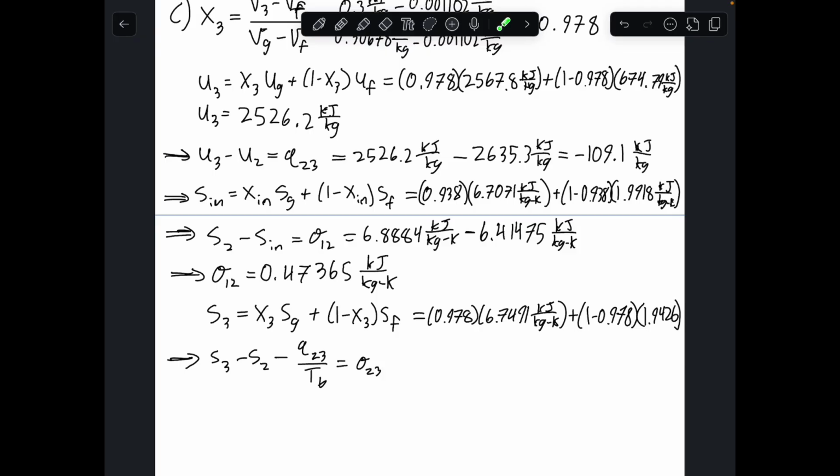Running out of room for units, but they would be the same here, kilojoules per kilogram Kelvin. And so we get our value for S3, which should be about 6.6425 kilojoules per kilogram Kelvin. So this is our S3 value.